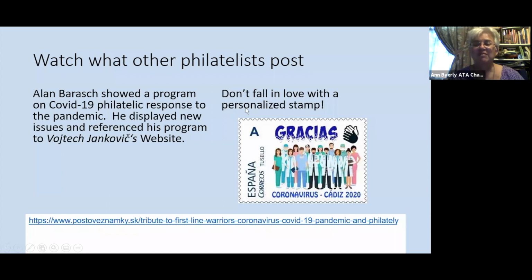So don't fall in love with personal stamps, but I loved this stamp. And here's the website. He had referenced this man's website talking about the new coronavirus stamps that were being issued. And so a lot of them, of course, you can see they're going to be nurses in this group.